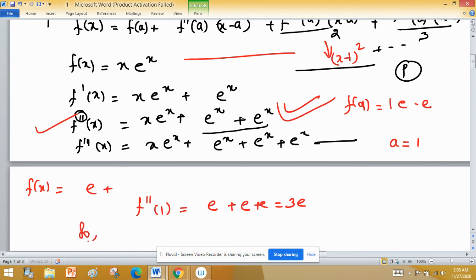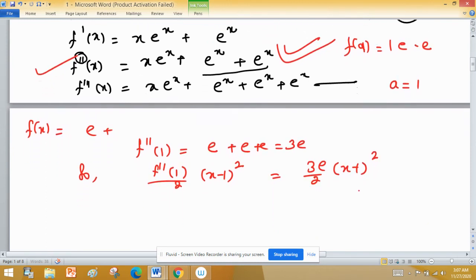So f double prime 1 divided by 2 times (x minus 1) square equal to 3e divided by 2 times (x minus 1) whole square. As it is asked for the coefficient of (x minus 1) square, it is 3e by 2.